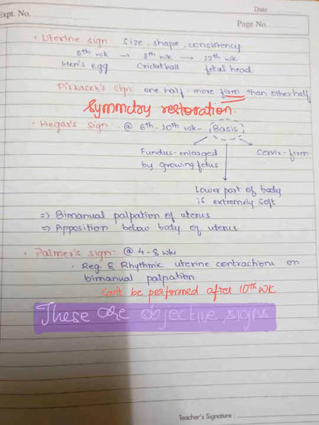Coming to the Hager sign, it can be elicited at the 6th to 10th week only. What is the basis of this Hager sign?